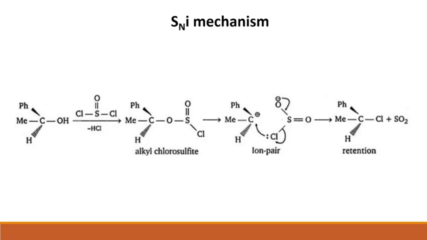Note, it is not dissociated ions. In the third step, because of the geometry of the ion pair, the chlorine atom is forced to attack the carbonium ion from the same side as the original carbon-oxygen bond of the alcohol, and this is referred to as internal attack.